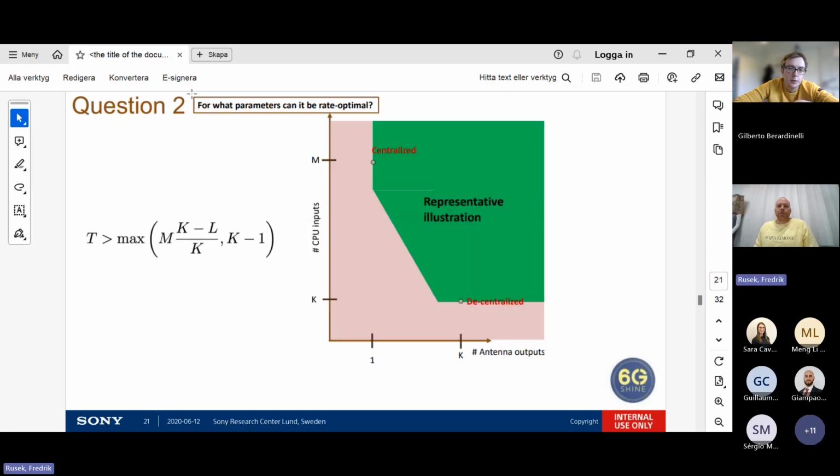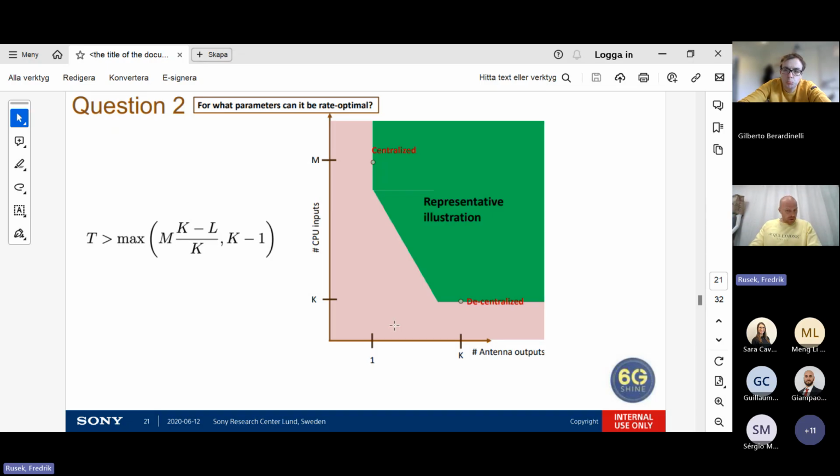If you now visualize it, the green area of this equation here will specify a polygon that looks like this. And what is very interesting here is that even if you only have one output per antenna, it is possible to do better than feeding all your observations to the CPU.